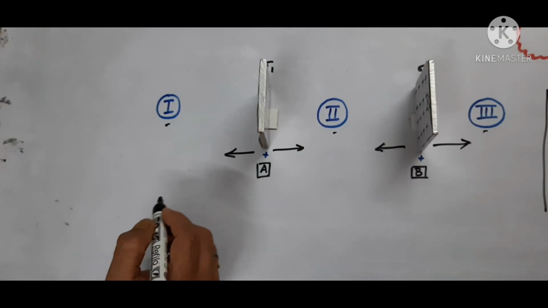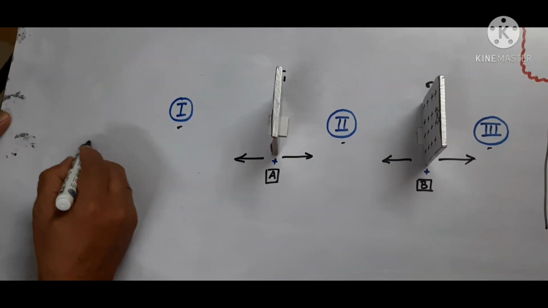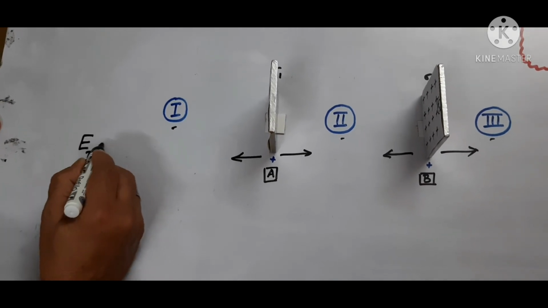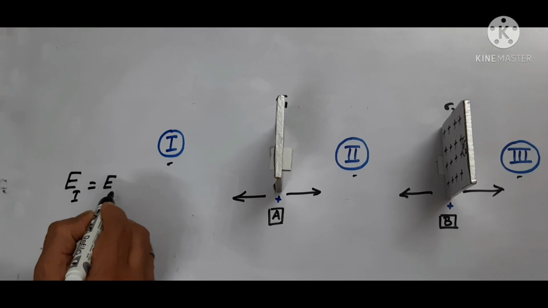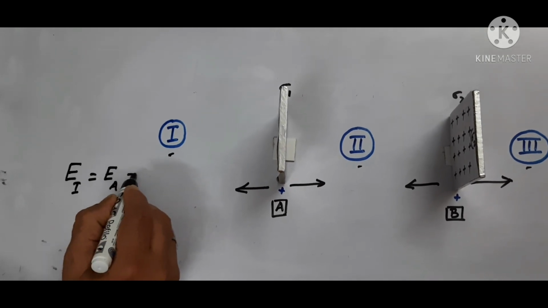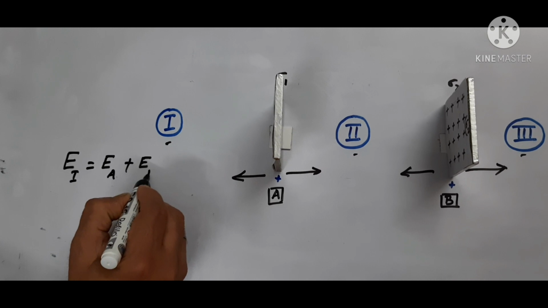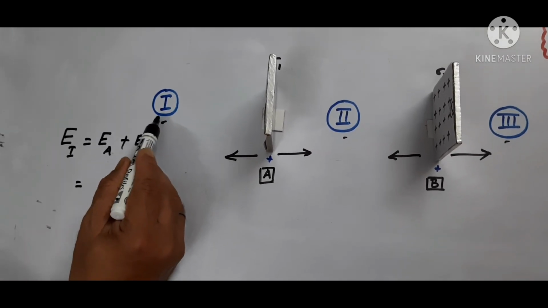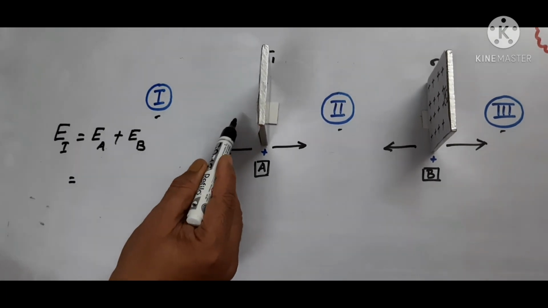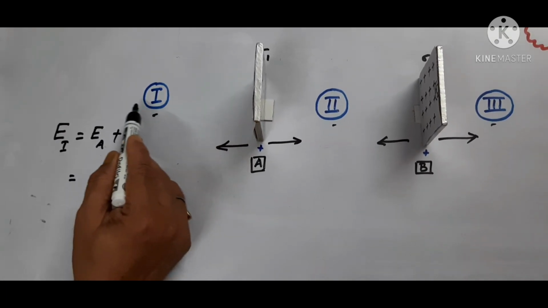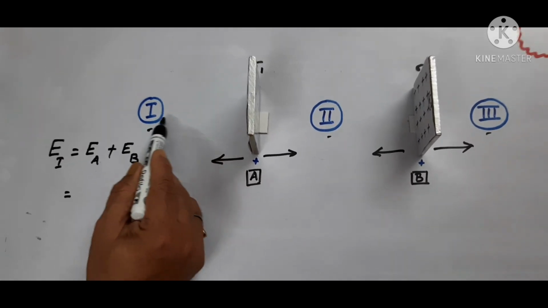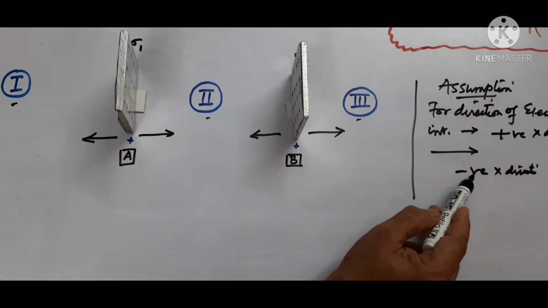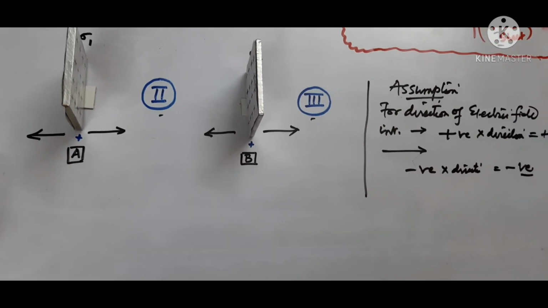Now at this region, the electric field intensity E at region 1 is the electric field intensity by plate A plus electric field intensity by plate B. At region 1, we have to move in the negative x direction, this way. As we know, when moving in the negative x direction, we take it as negative.